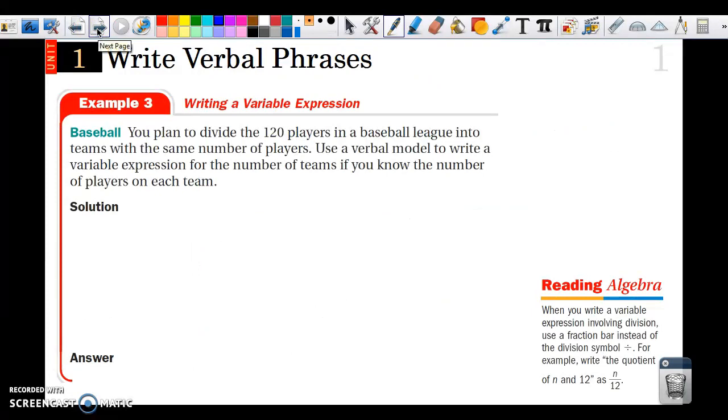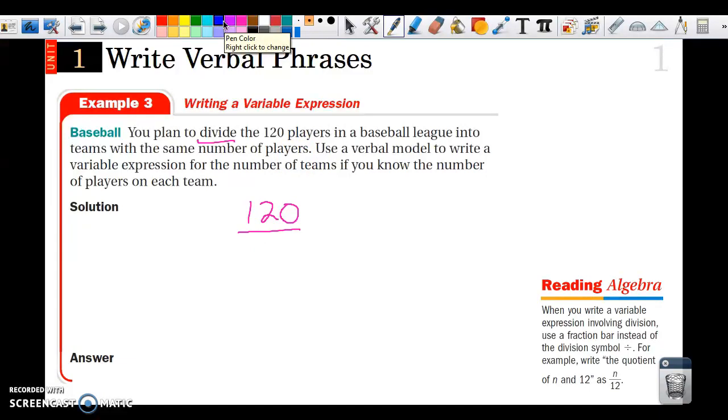All right, so for example, let's say you plan to divide 120 players in a baseball league into teams with the same number of players. Let's use a verbal model to write a variable expression for the number of teams if you know the number of players on a team. So, I have 120 players, and I want to divide them into the same number of players. Let's say I haven't chosen how many I want to be on a team.